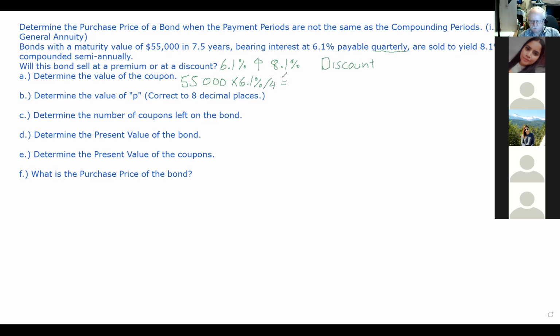So 6.1% divided by 4 equals, that times 55,000.